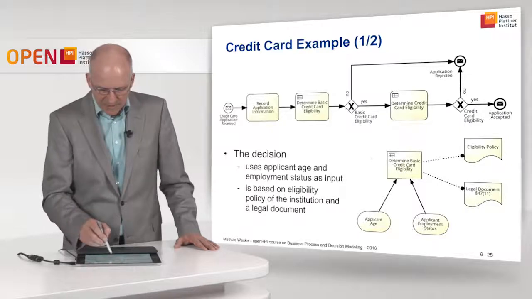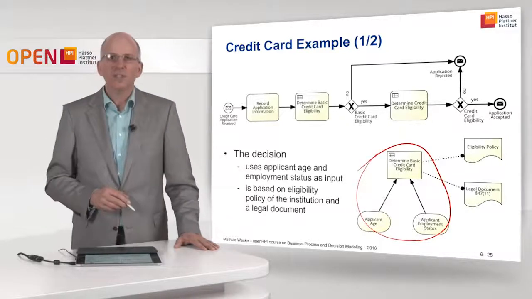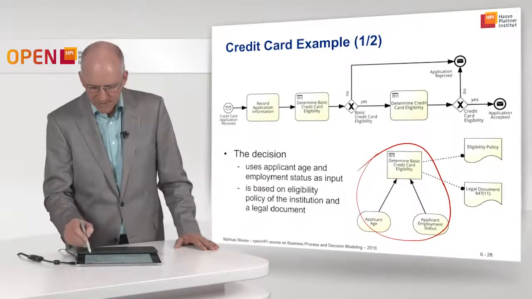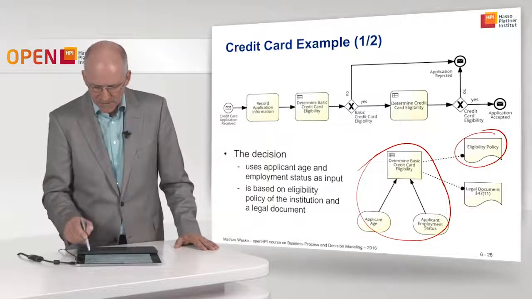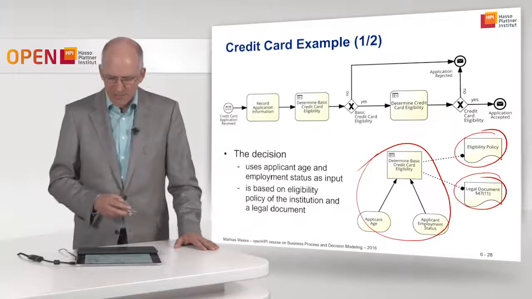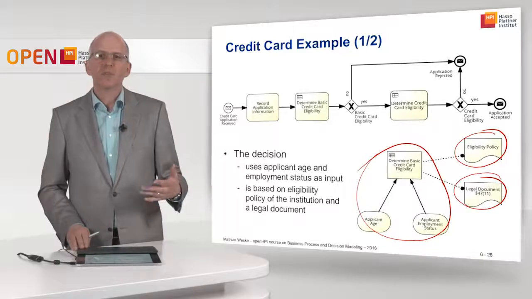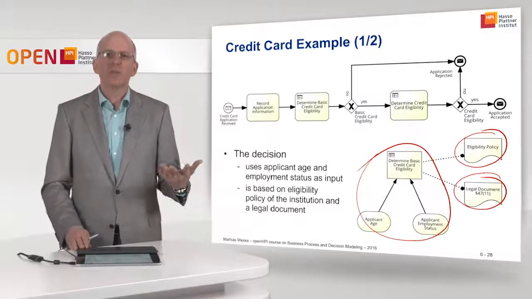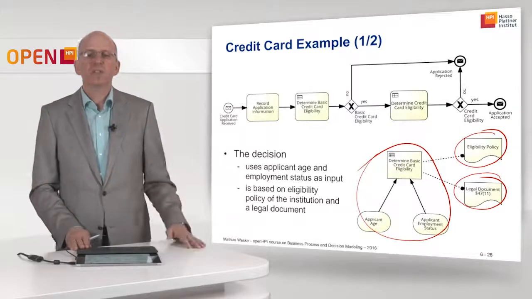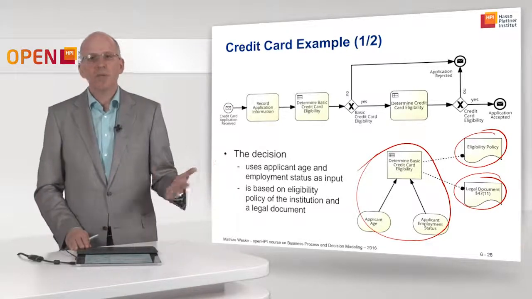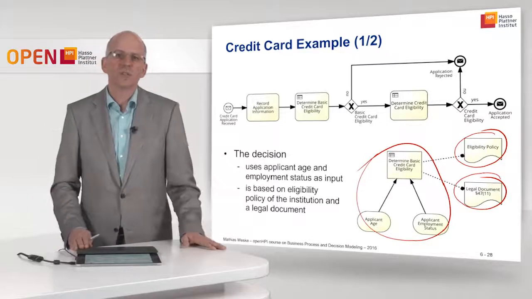This part we have already seen in the previous example, but here we have two additional authority requirements relating to the eligibility policy and also to a certain legal document. These two model elements enrich the model by additional information that also makes traceable what is the impact of a certain regulation on a decision.